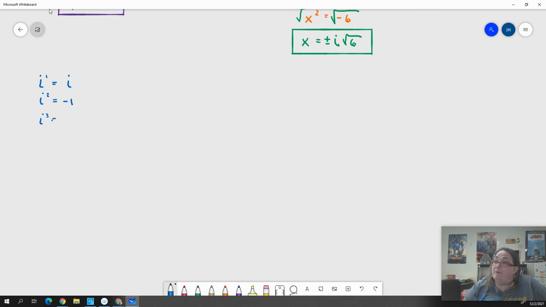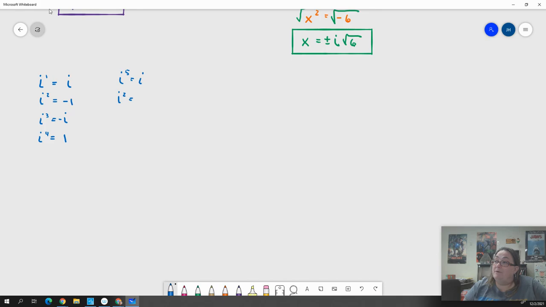I to the third power, well, that's like saying negative 1 times i. So that is just negative i. I to the fourth power, well, that's negative i times i. So that's negative i squared, which is negative 1, which just gives me positive 1. The crazy part is, if I do i to the fifth power, that's 1 times i, which is just i.